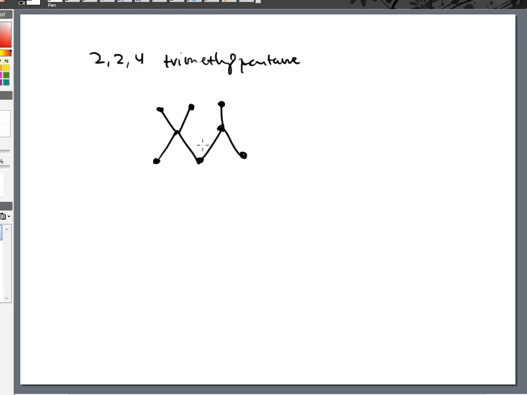2,2,4-trimethylpentane. All right, well, if I didn't want the skeletal structure, I could include the carbons and the hydrogens if that's what I want to do. So this carbon is a CH3, and then we have that attached to a carbon that is a carbon at least, but that one has a CH3 group pointed up and a CH3 group pointed up. We'll do the same thing there, not a big deal.